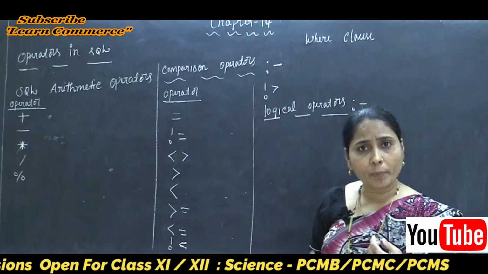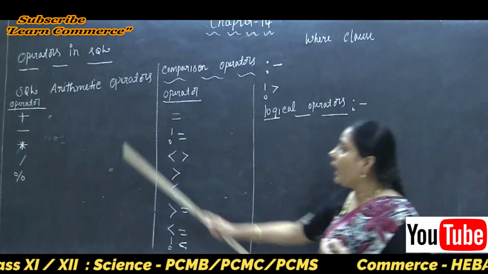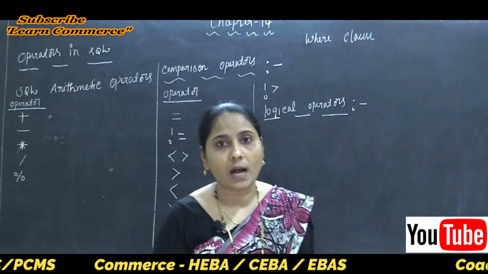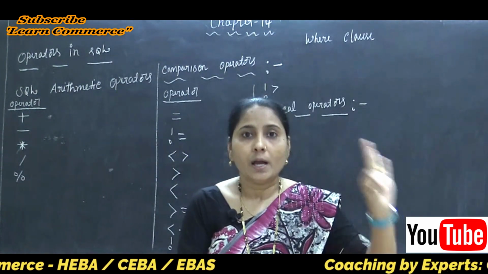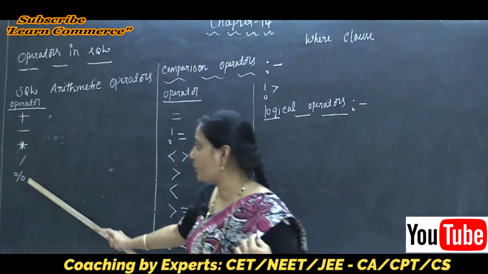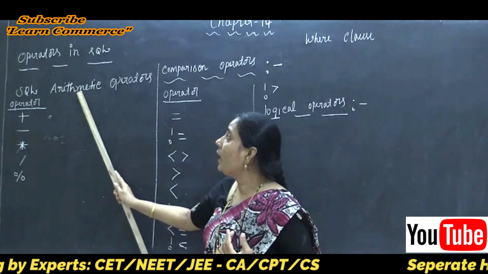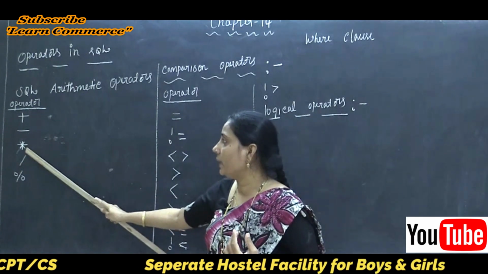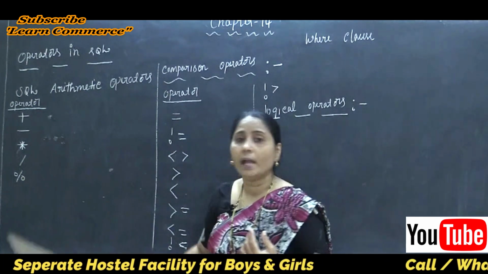What operators are included in the SQL arithmetic operators? The operators are plus, minus, multiplication, divide and modulus. Clear this point here? These come under the arithmetic operators: addition, subtraction, multiplication, divide and modulus.